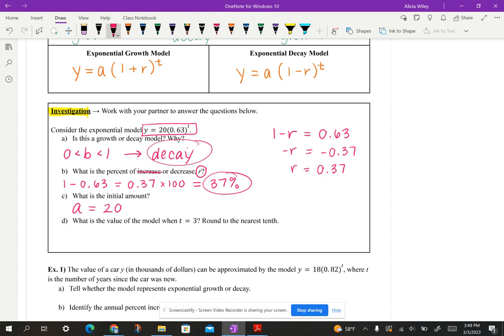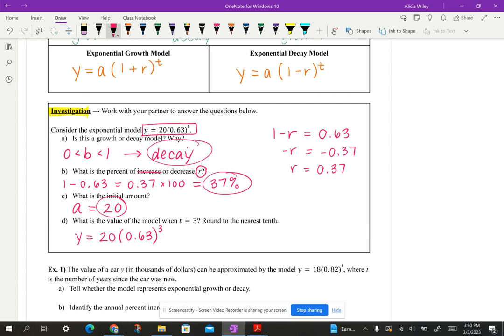And then for D, it says, what is the value of the model when t equals 3? Round to the nearest tenth. So all you have to do is take your problem and plug that value of 3 in for t. So on your calculator, you should always do the 0.63, the base, to the power, and then times that by the initial amount in front.